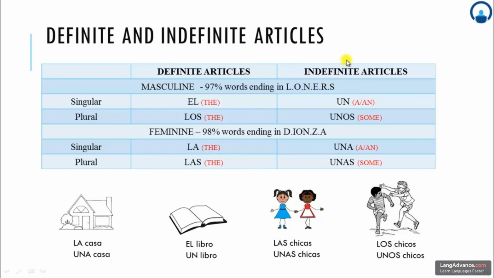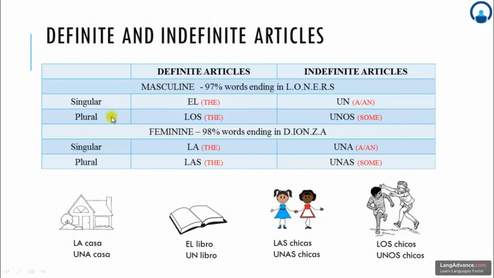Next, we also have got indefinite articles. Indefinite articles are a or an, and some. A or an is for singular and some is for plural. Again, we have the rule: if it is singular and masculine, then un is the indefinite article.